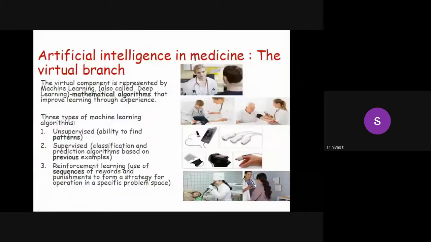Next slide. Artificial intelligence in medicine has a virtual branch. What is the virtual branch? We will see.